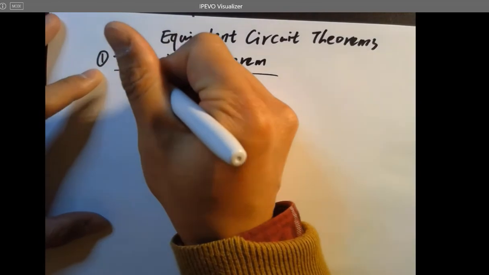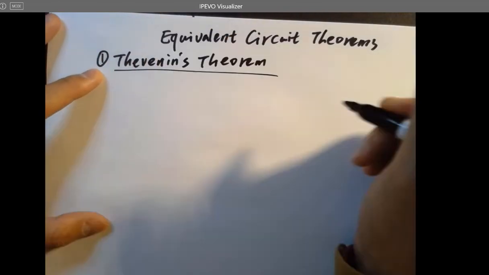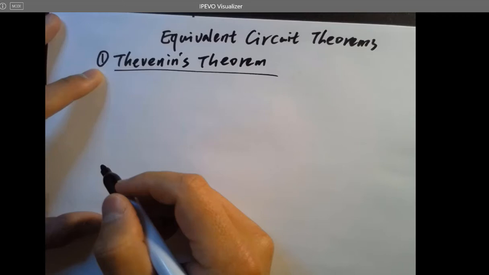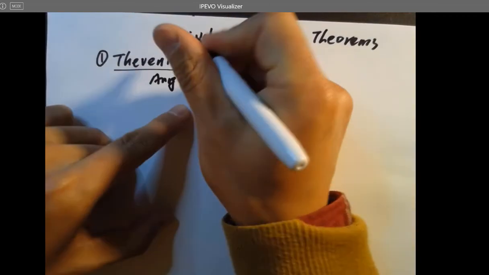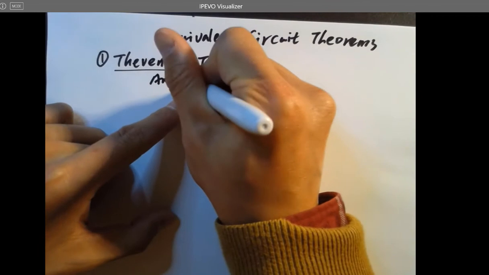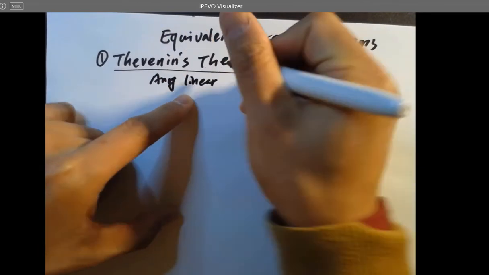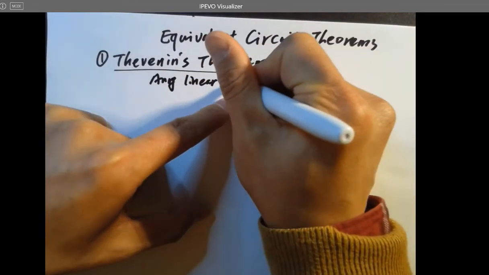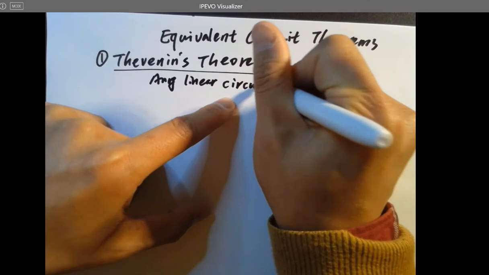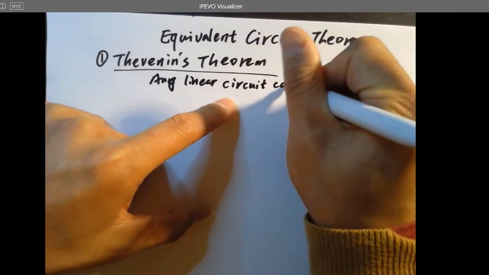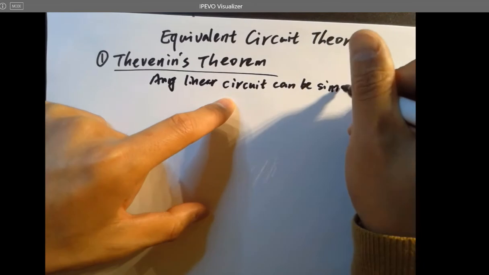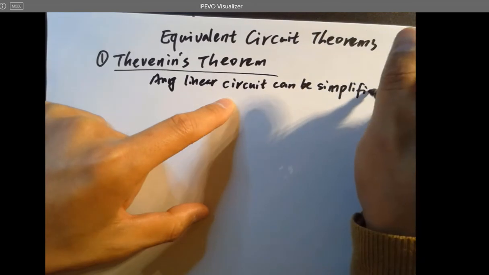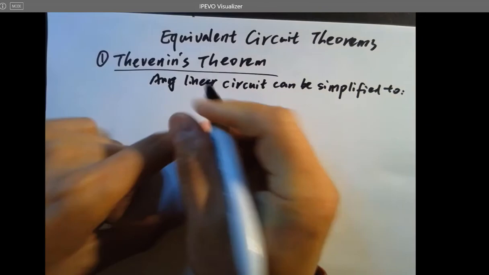Any linear circuit can be simplified to a structure like follows. Any linear circuit can be simplified to this.